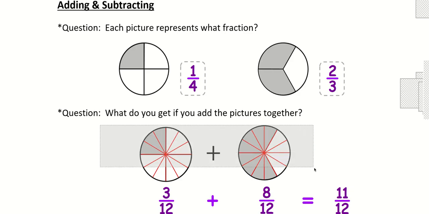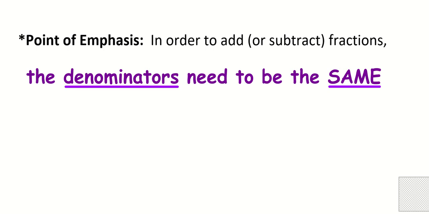And I hope that this little exercise with these pictures reinforces that or shows you why. The denominators need to be the same. These pieces need to be the same size. That's essentially what the denominator is. So the denominators need to match, aka these slices need to be the same size.